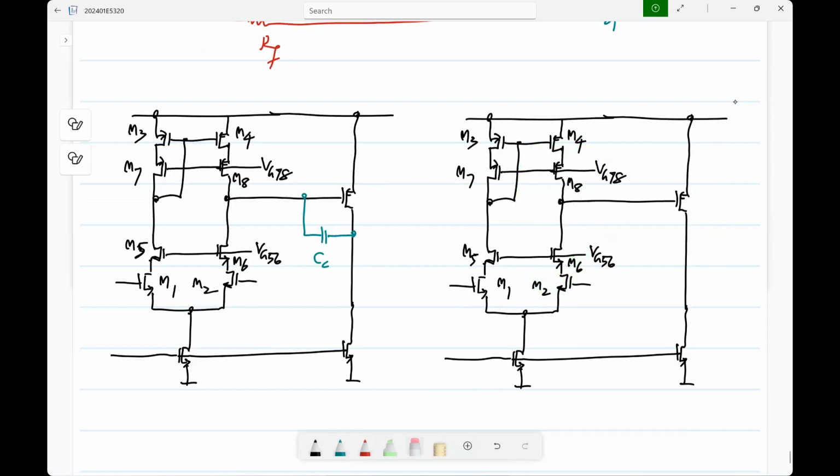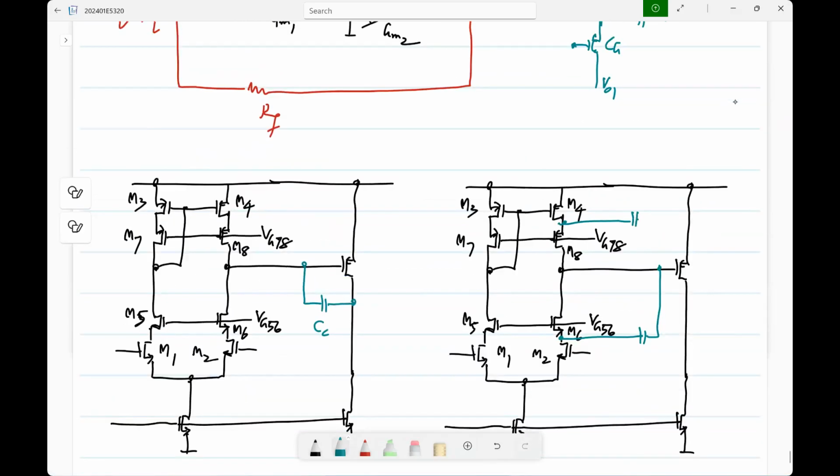So, instead of connecting CC like that, you can connect it here or there, or maybe connect half to either one. This is also something that works. The point is now you didn't waste bias current trying to make a current buffer. It was already there. So, basically it comes for free. When you get something for free, you just take it, right?